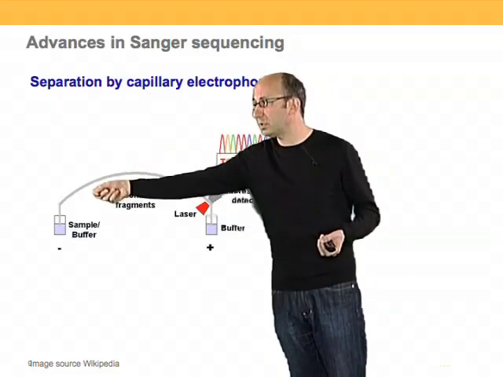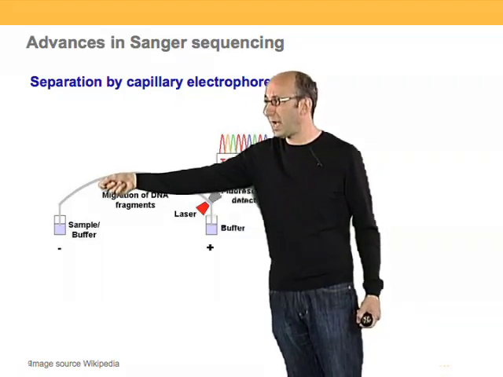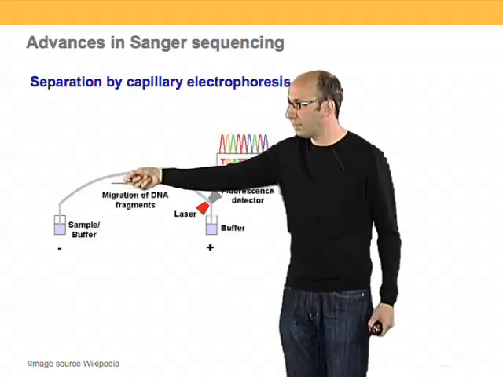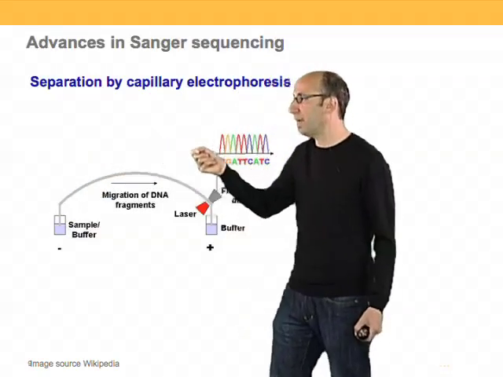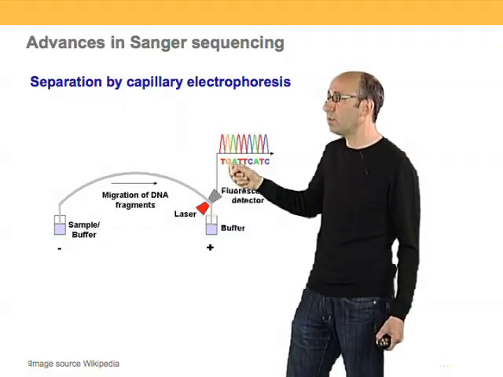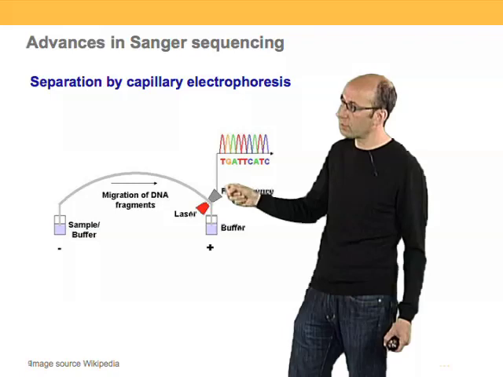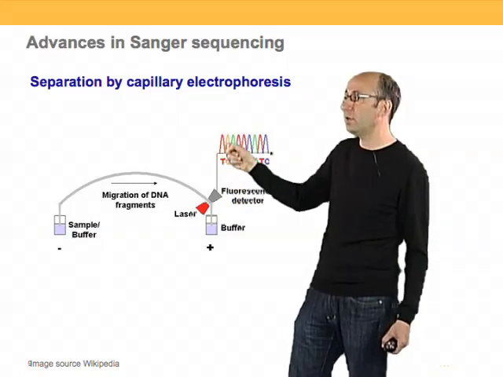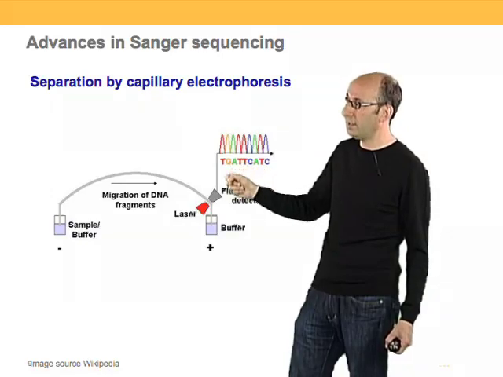One takes the mixture of these different length pieces from the dideoxy reaction that are labeled with the 4 different color fluorophores. They're separated then by a capillary based on size, and now you have a laser that excites the DNA as it comes across the capillary, giving you the nucleotide sequence based on its color and size.